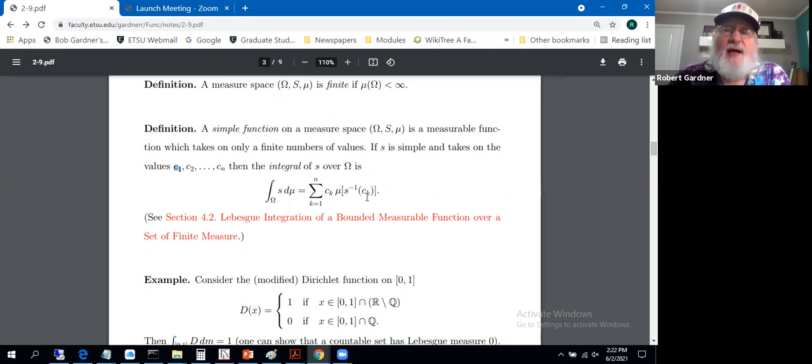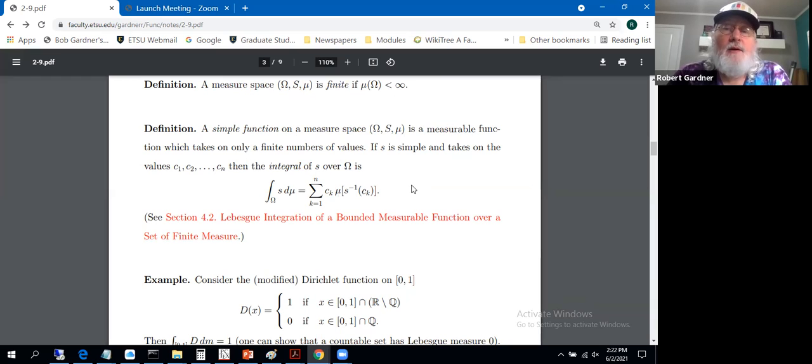So that'd be the input values that produce the value c sub k. Will that set be measurable? Yeah, that's where the definition of measurable function comes in. So when we take these inverse images, provided s is a measurable function, each of these sets will be measurable.